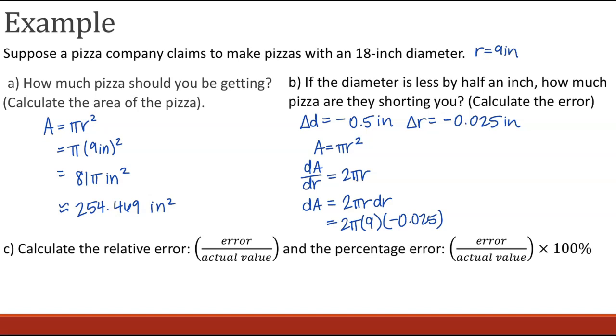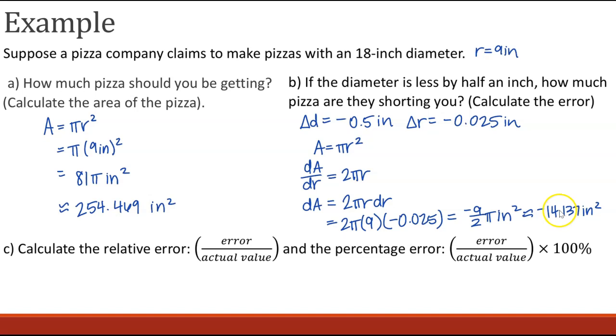And if we multiply all that out, exactly this is negative 9/2 pi inches squared, but approximately this is negative 14.137 inches squared. So we know that we were being shorted, so we know we have a negative amount here.